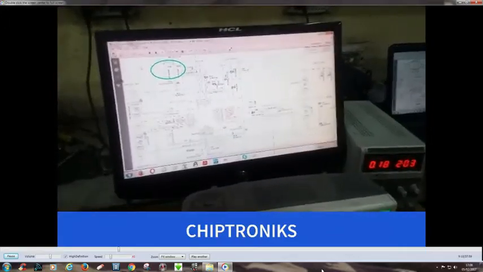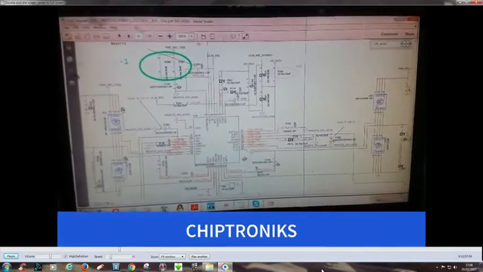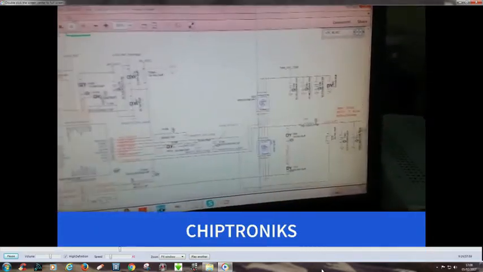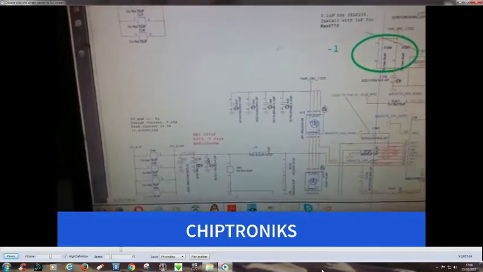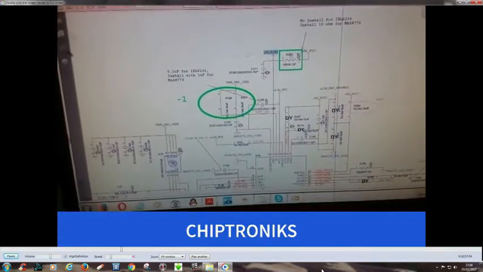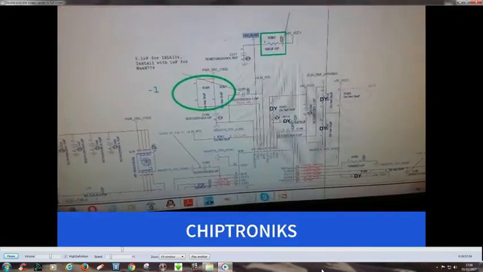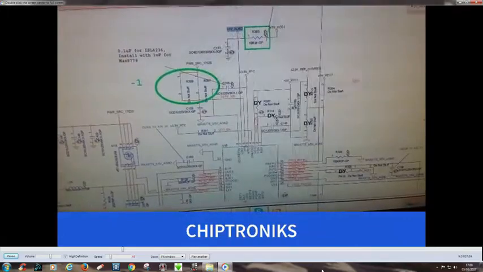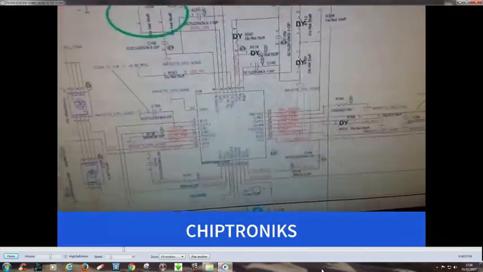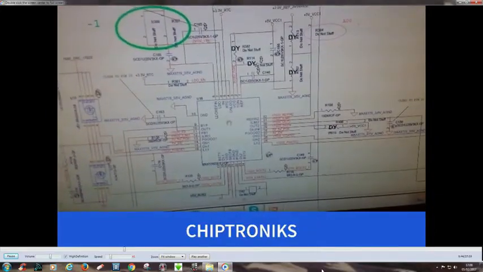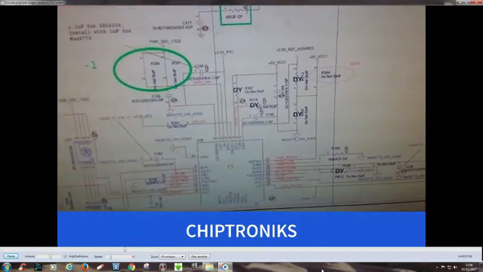This is the 3 volt 5 volt regulator IC, and you can see this is a dual regulator. One side it is generating 3.3 volt and the other side it is generating 5 volt. We have to check this 5 volt LDO output of this IC, so we have to check pin number 7 of U18. Let's check whether pin number 7 has 5 volt or not.